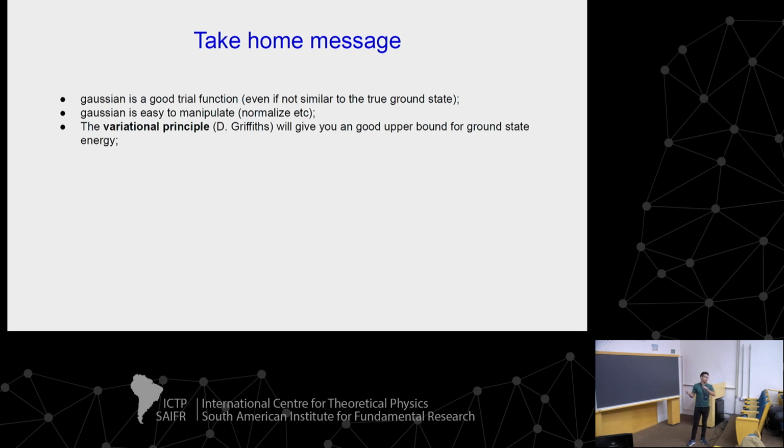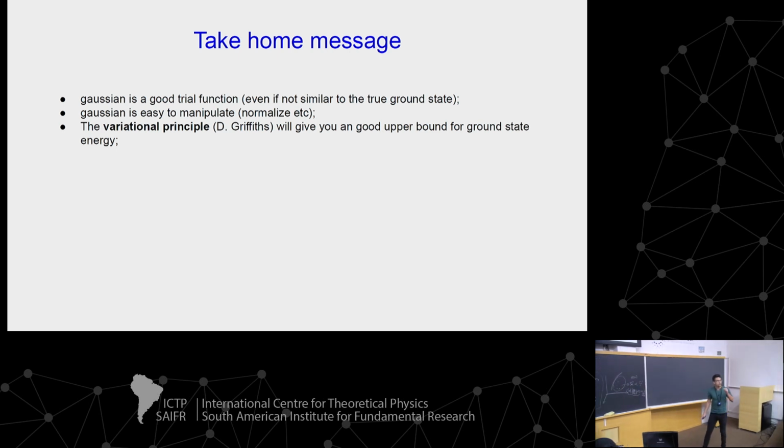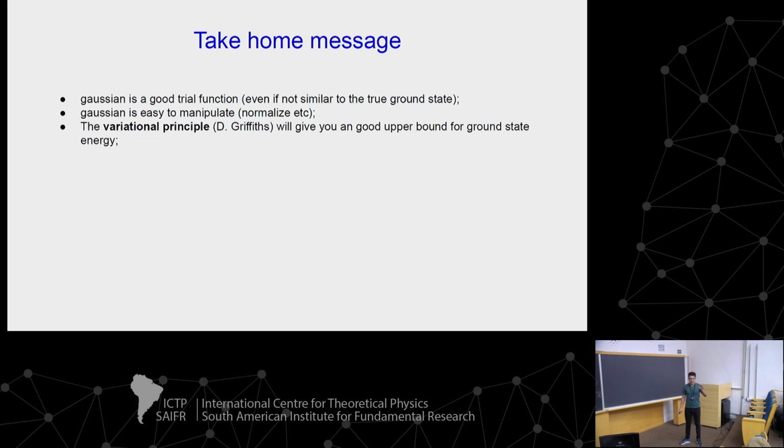So it will give you a good upper bound, as I said. And this is good for you to have in mind. If you don't know the exact solution, if you're about to guess a solution for something, guess the Gaussian. At this point in physics, you are very familiar with this guess.